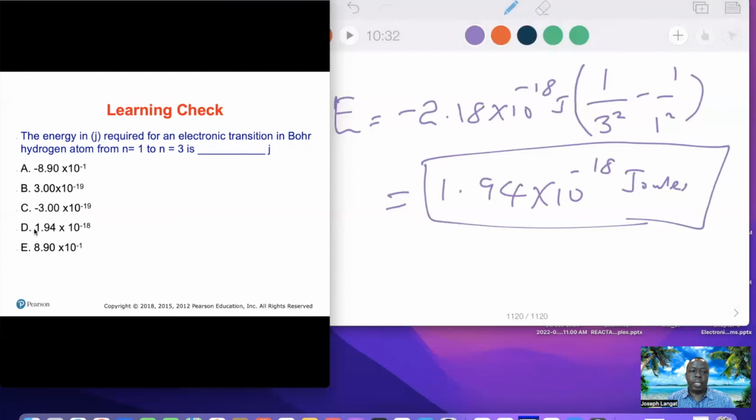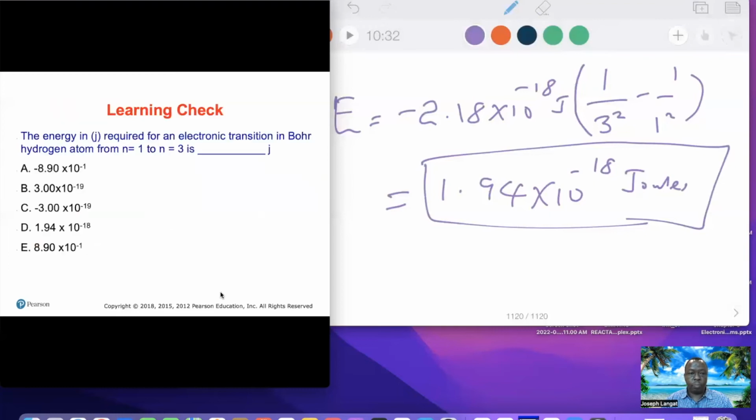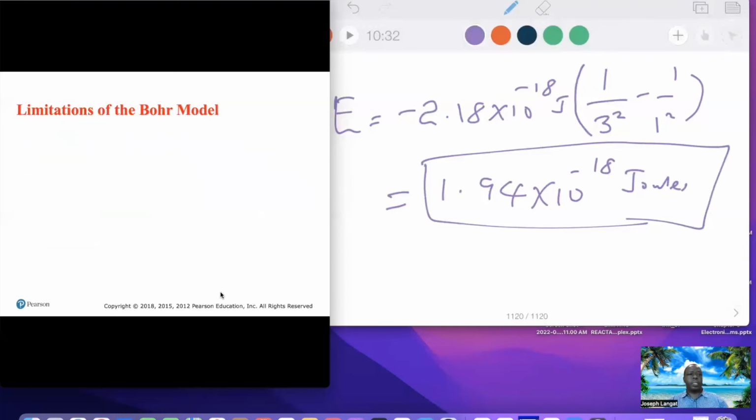Suppose we had negative 1.94 times 10 to negative 18. How will you know this is the right one? N equals 1 to n equals 3 means it is positive. Going up from lower to higher, the change in energy is always positive, but coming down, energy is given out.